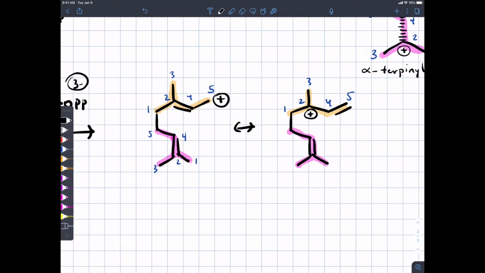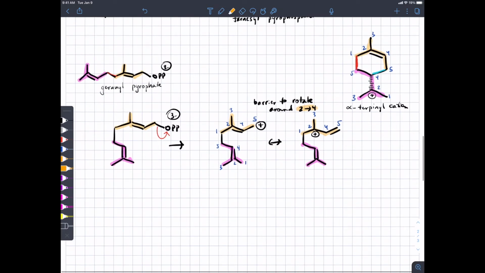So there is a barrier to rotate around carbons orange 2 and 4. Okay? So what's our way around that? I don't know actually how high the barrier is or how slow that rotation is.